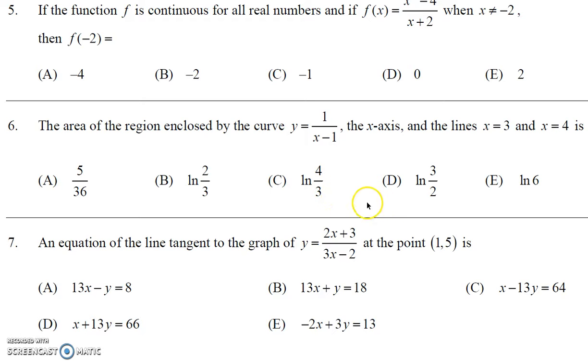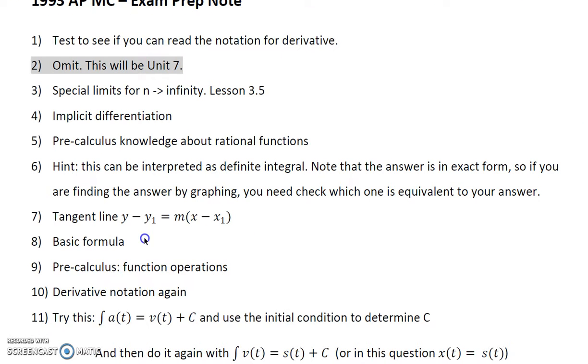The graphing calculator will give you an answer in decimal form, an approximation, so you just check each one. Given the answer from the calculator, you punch each of these exact answers into the calculator to see which one is the same as the one you get. Okay, understand? All right, question number six is about tangent line.